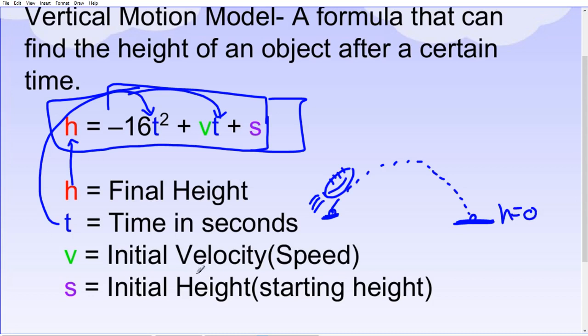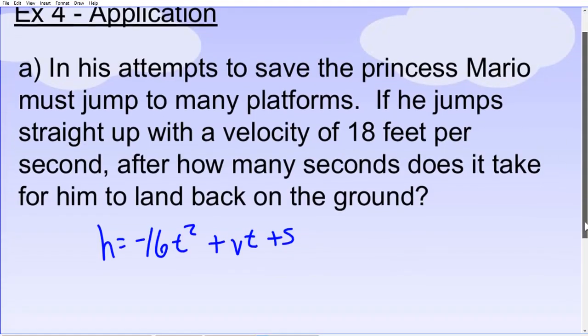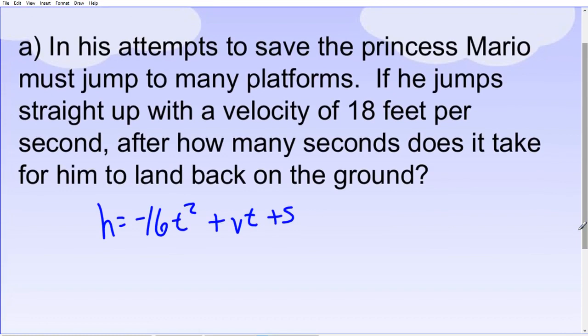Okay? The initial velocity is the force I threw the ball with. And the initial height would be, how high was the thing when it started moving? So if I go back to my Mario problem here, it says, in his attempts to save the princess, Mario must jump to many platforms.